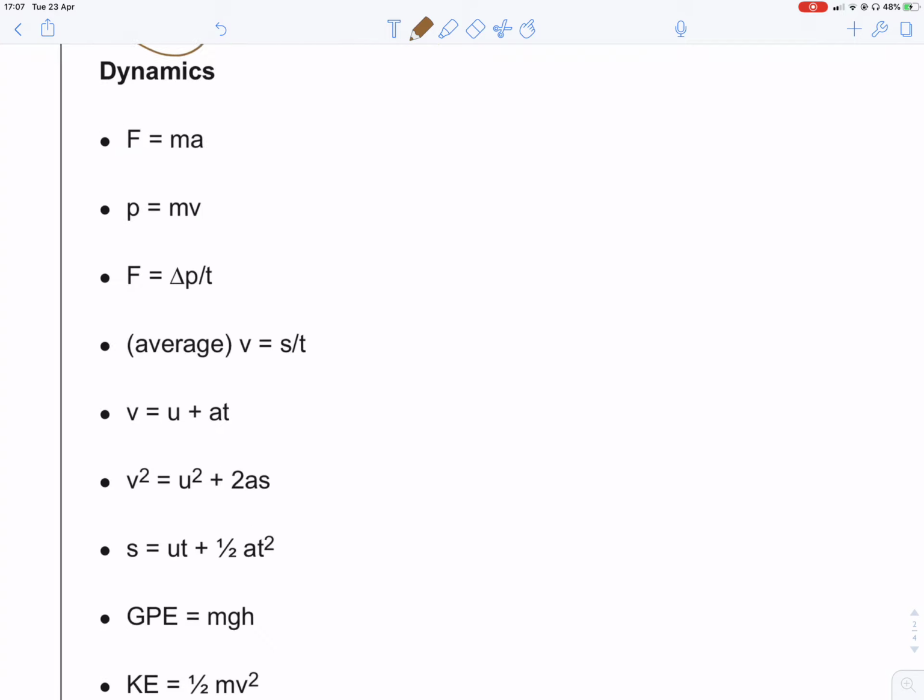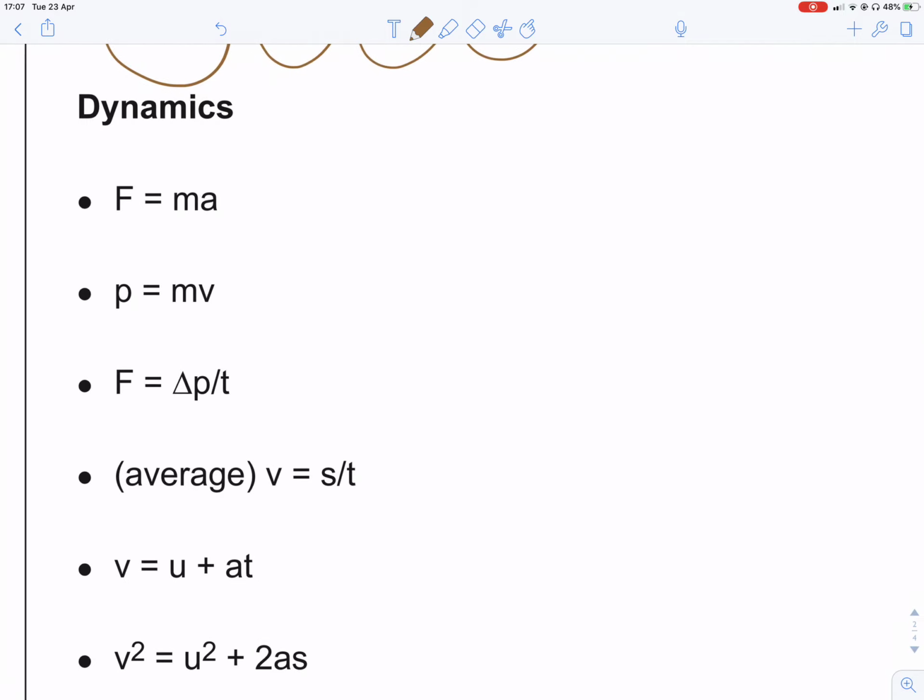In dynamics, we have F equals ma, where F is the force, m is the mass of the object, and a is acceleration. Okay, next one, P is momentum.